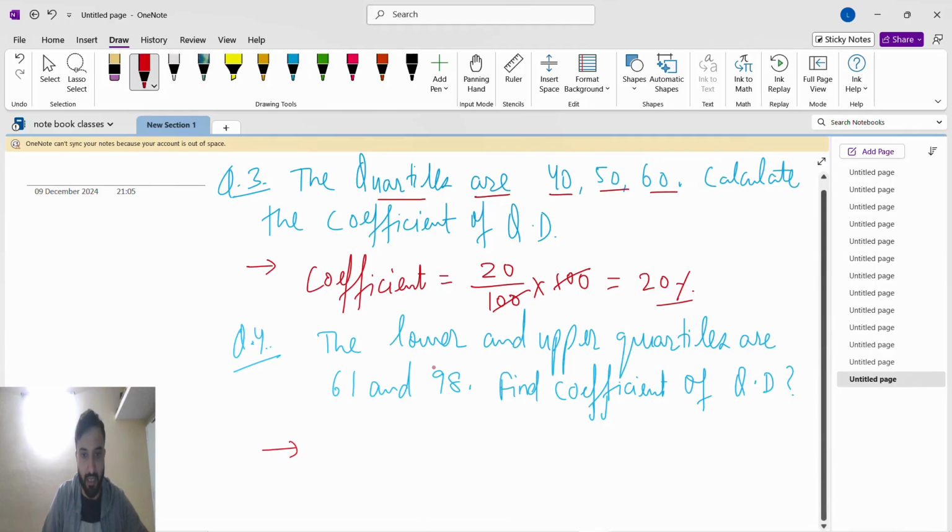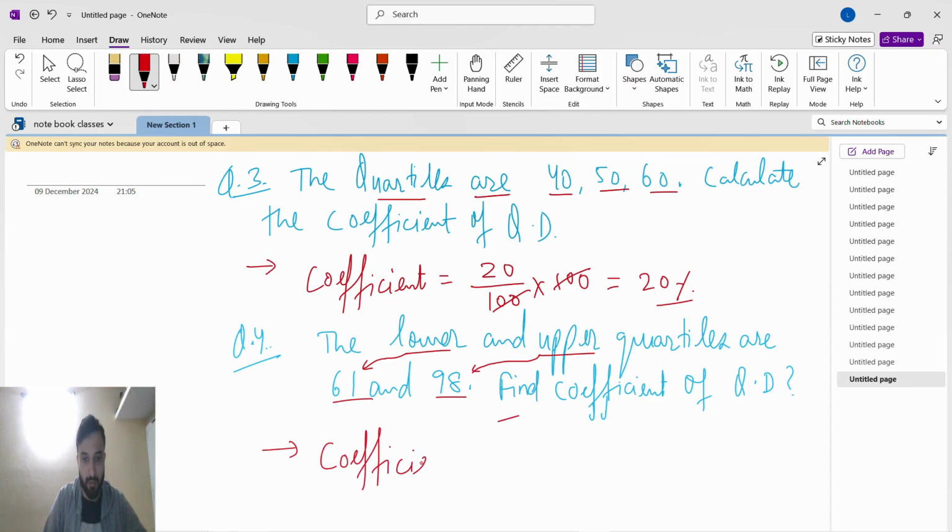Very easy, guys. They have given the lower and upper quartiles, 61 and 98. The lower quartile is 61, meaning Q1 is 61, and the upper quartile is 98, so Q3 is 98. You have to find the coefficient of quartile deviation. The coefficient is Q3 minus Q1, 98 minus 61, that is 37, divided by 98 plus 61, which is 159, into 100.